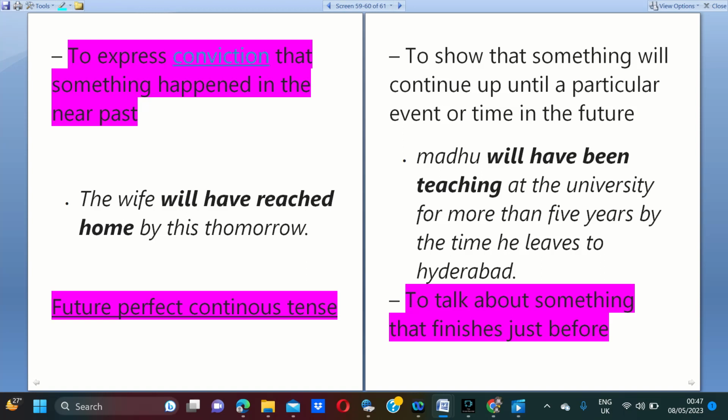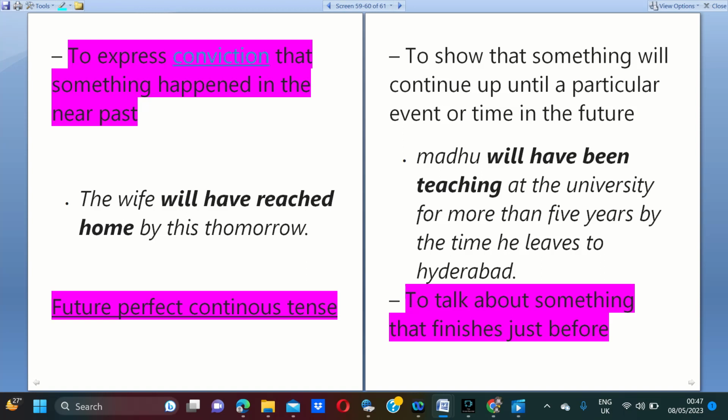Example: Madhu will have been teaching at the university for more than 5 years by the time he leaves Hyderabad. Before he leaves Hyderabad, he will have been teaching at the university for more than 5 years.